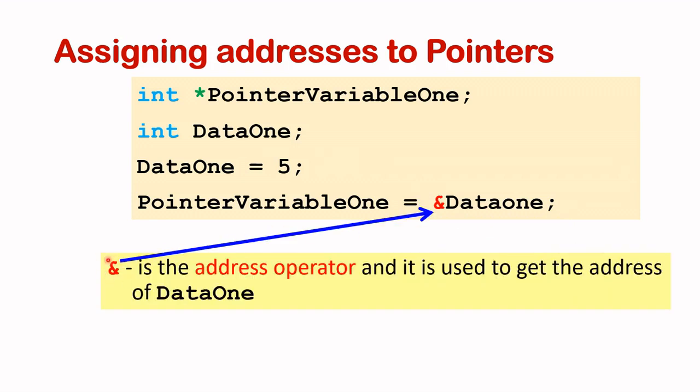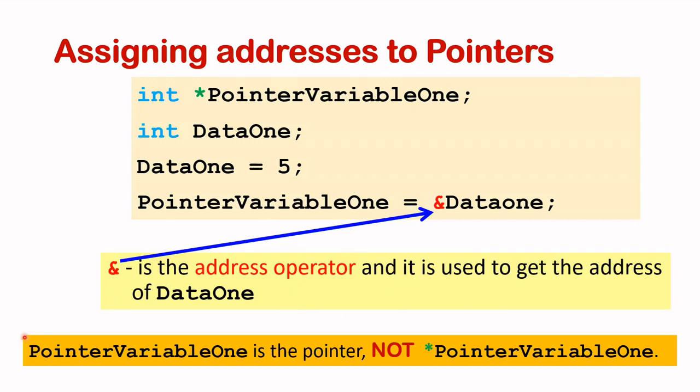The ampersand sign, this symbol here, is the address operator, and it is used to get the address of data 1. By putting an ampersand sign next to data 1, we are saying that we assign the address of data 1 to pointer variable 1. One thing to take note of is that pointer variable 1, this one here, is the pointer and not the one with the asterisk.